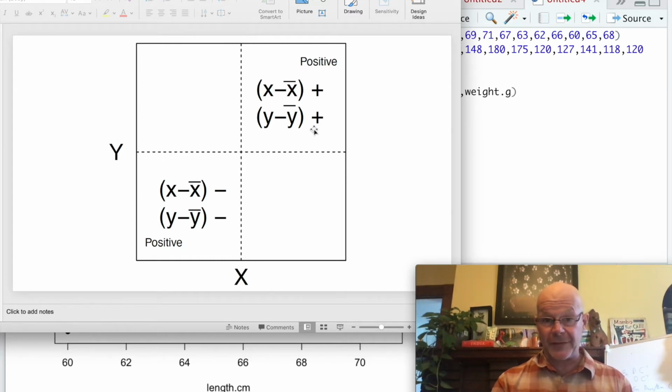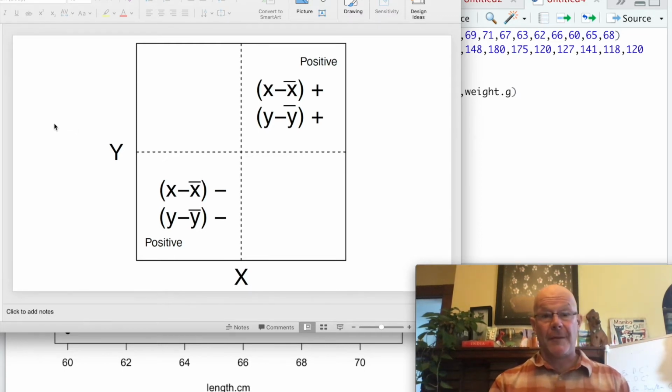A positive times a positive is a positive. Down here in the lower left-hand corner, an individual that would fall within this square would be less than the population mean for x and less than the population mean for y. So now you get negative values. A negative times a negative is positive.